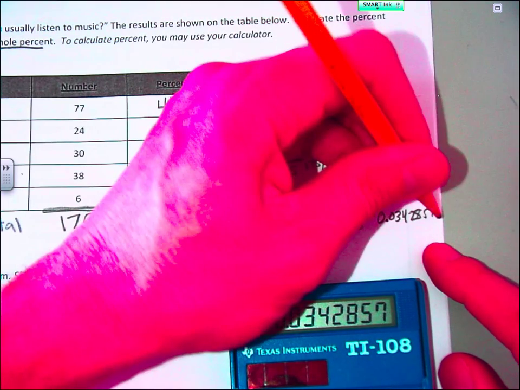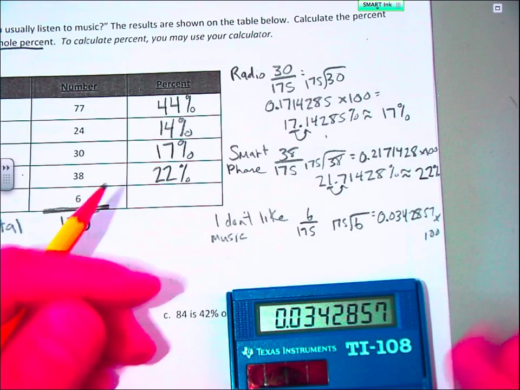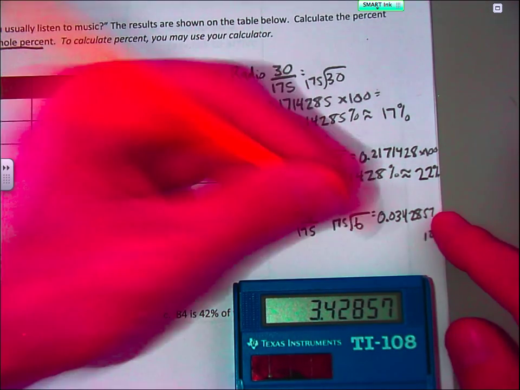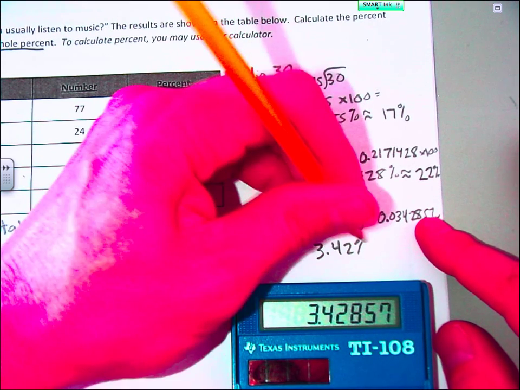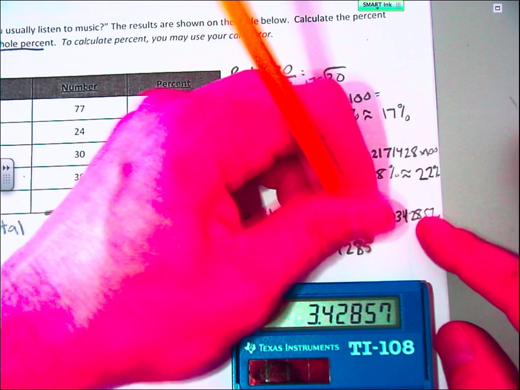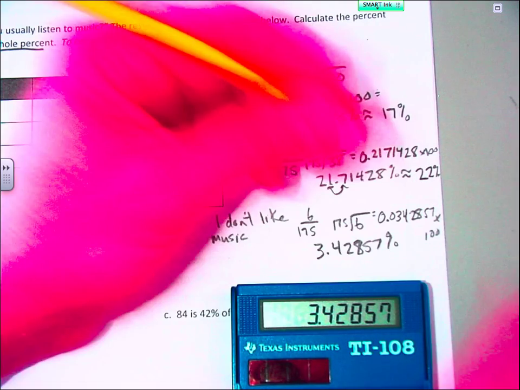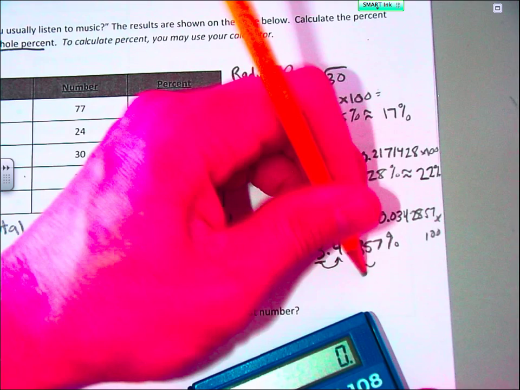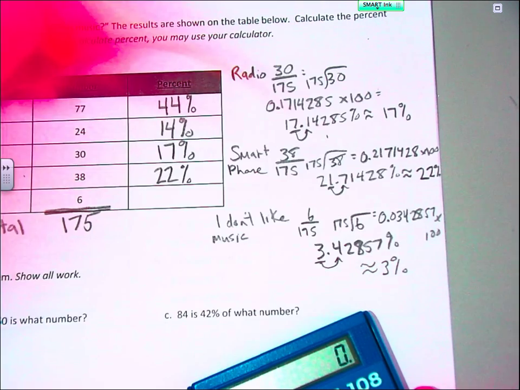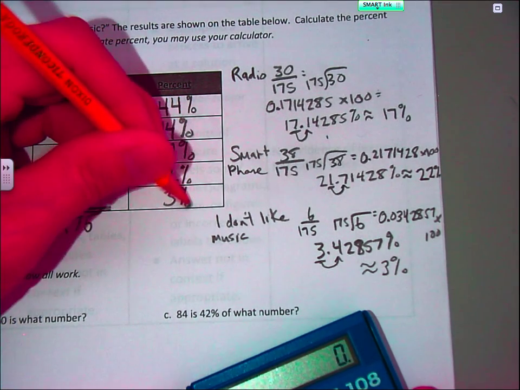I'm going to times that by 100. That's going to equal a percent. I'm going to show that I rounded it to the nearest whole percent. I'm going to write my percent in there.